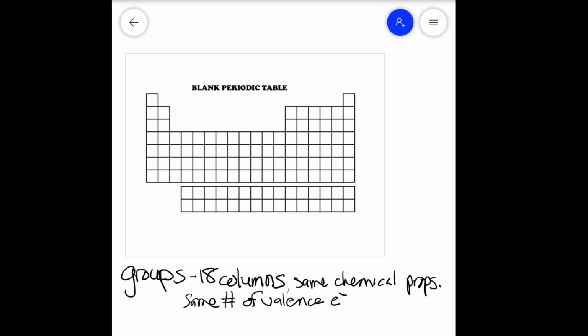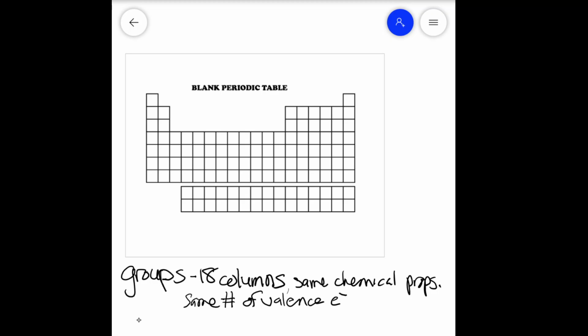And valence electrons are just the electrons on the last orbital shell of an atom. So those are the electrons atoms are going to give away, or that's where extra new electrons are going to be added to when you do chemical bonding and stuff like that.